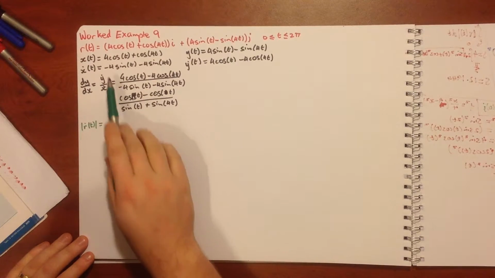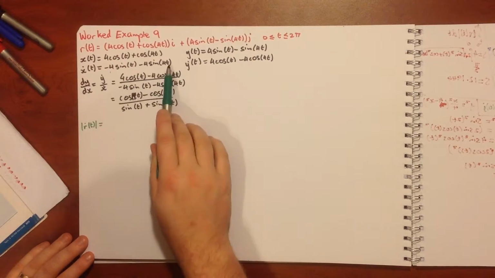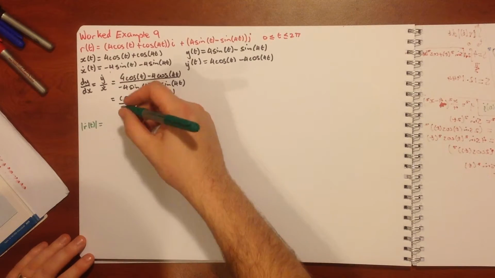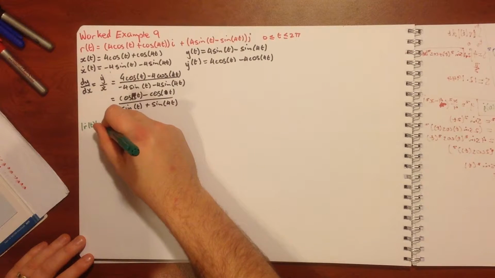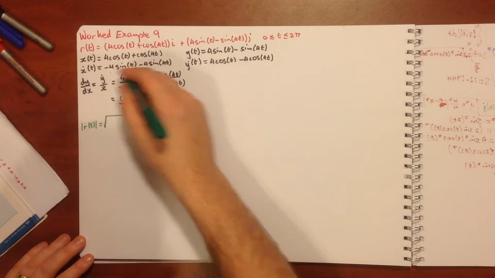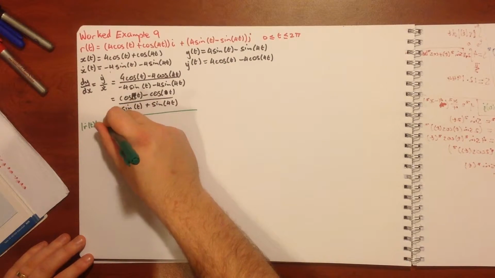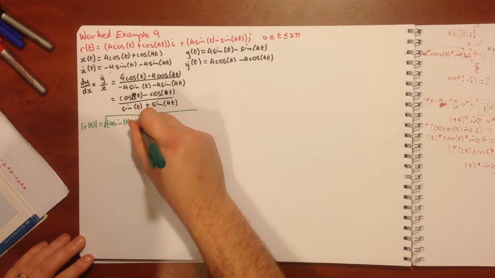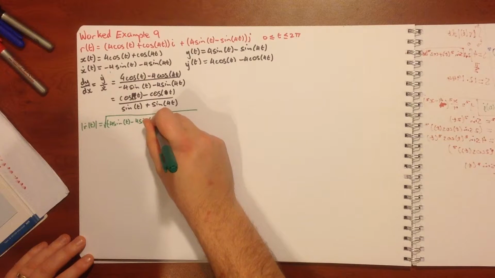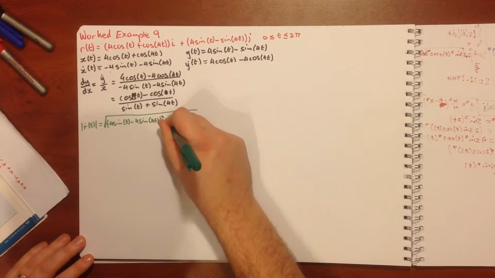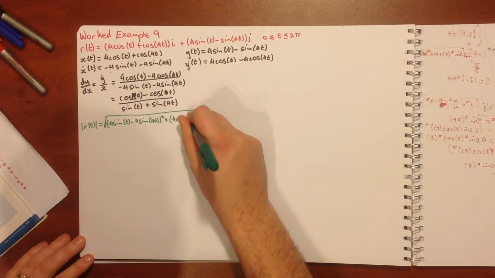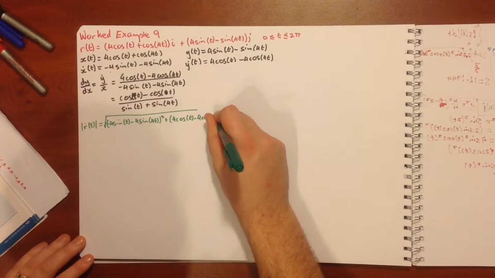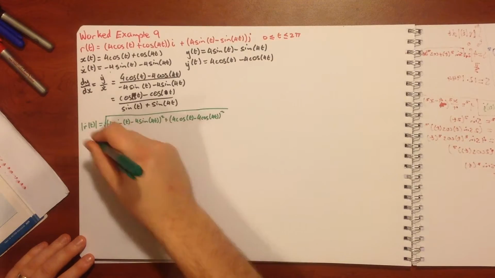Our r dot of t is equal to this i plus this j, so it's going to be the square root of our minus 4 sine t minus 4 sine of 4t, squared, plus our 4 cos of t minus our 4 cos of 4t, squared.